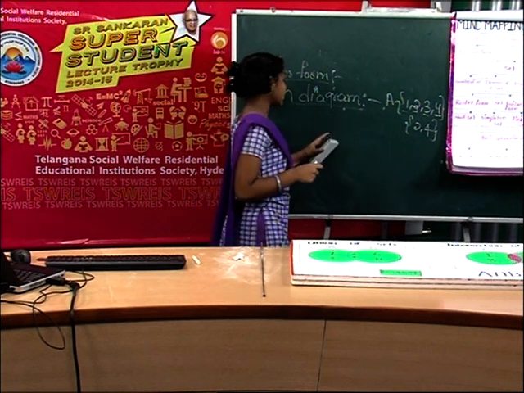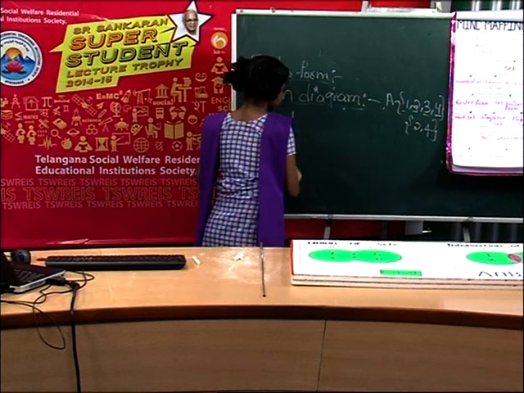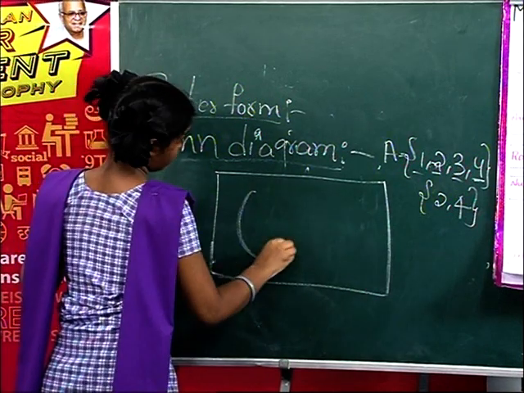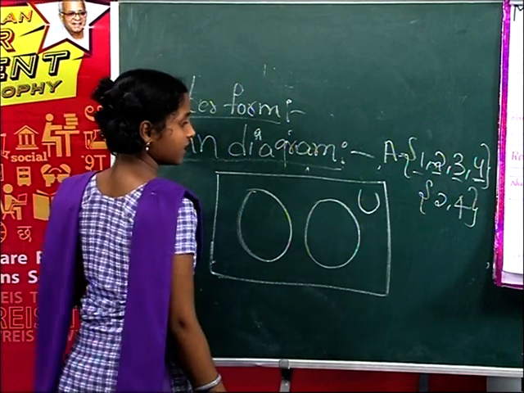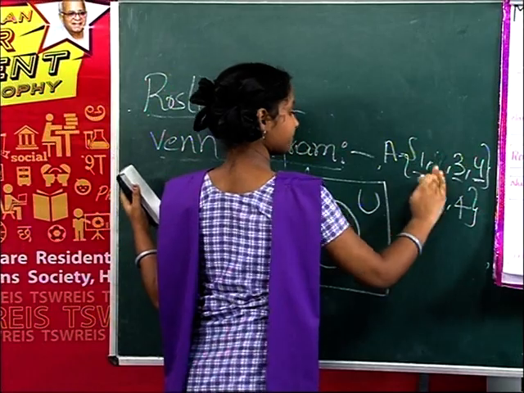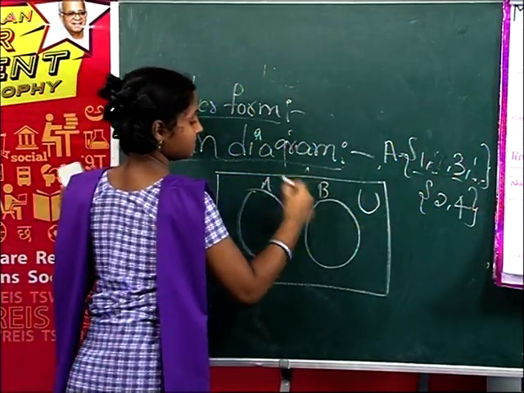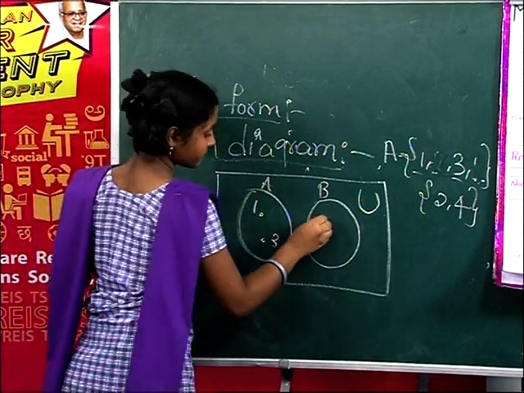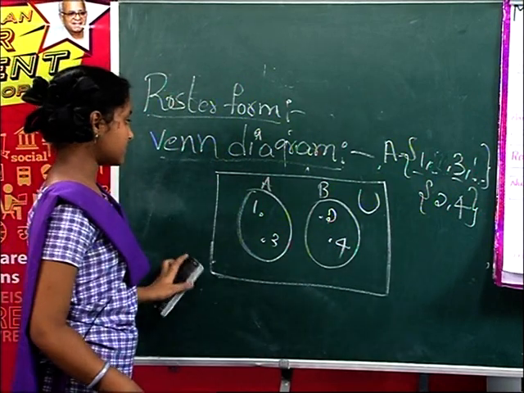If there are two sets, we can represent two circles here, with mu the same, and if the sets are A and B, we can represent 2 and 4 like this.